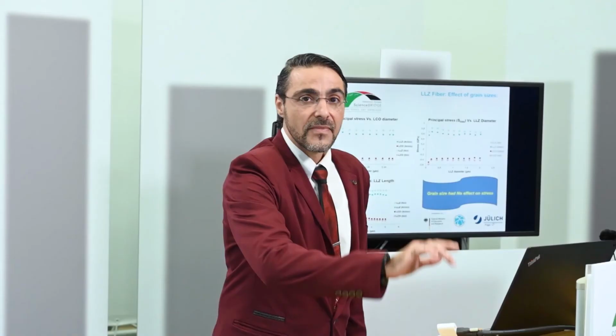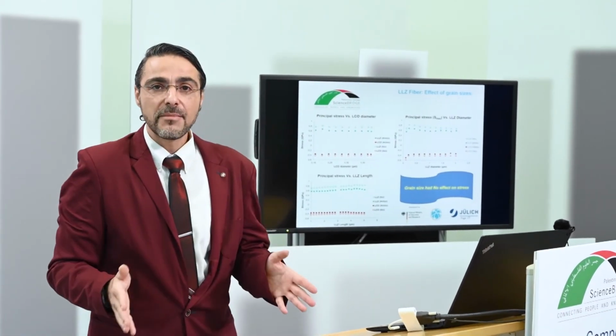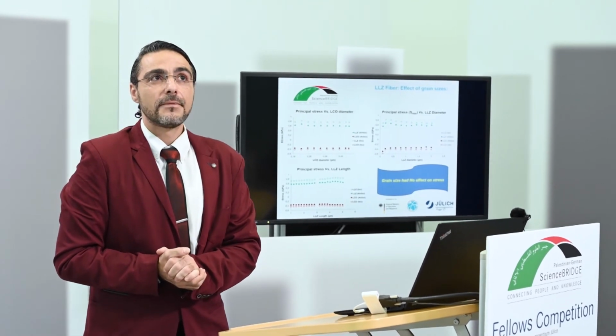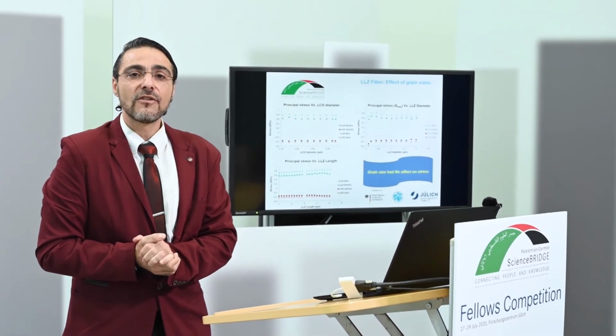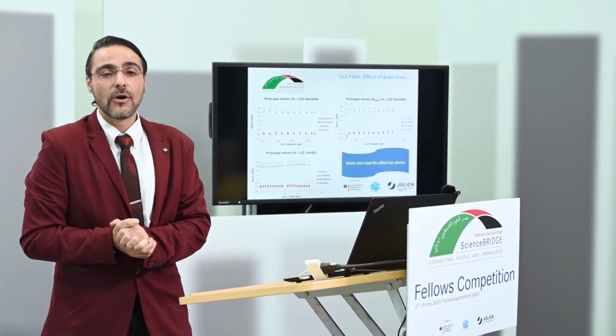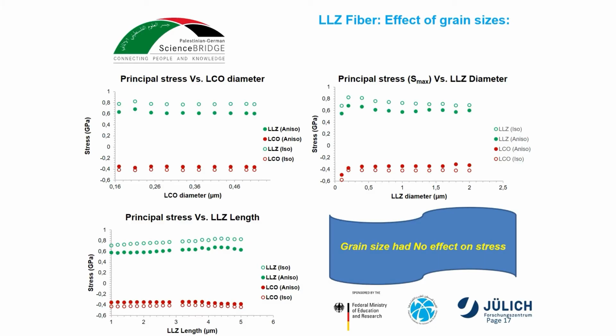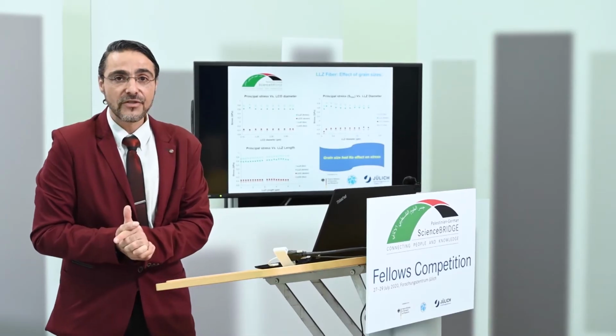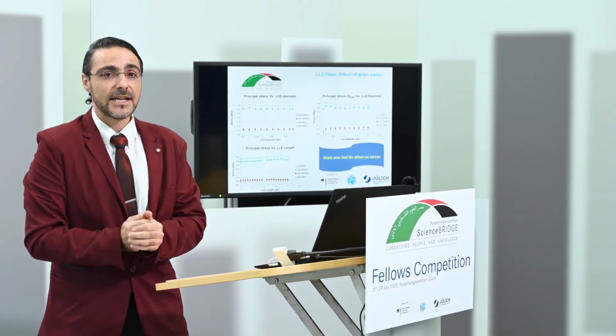And then after that, we have some results. Regarding the fiber LLZ, the grain size of the fibers has no effect at all on the stress. And when we talk about the grain size, we are talking about the diameter of the LCO, the diameter of the LLZ, and the LLZ length.